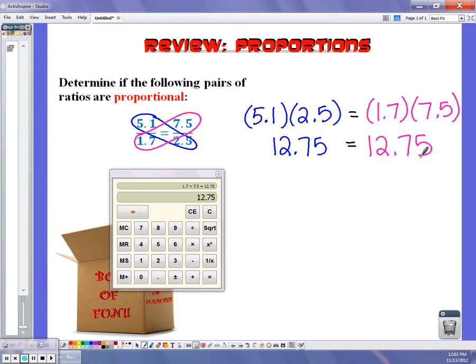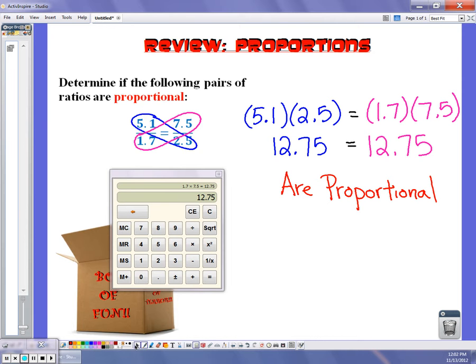So here the two are true, they are equal to one another, so we can say that yes, they are proportional. So we can see that 5.1 over 1.7 is proportional to 7.5 over 2.5.